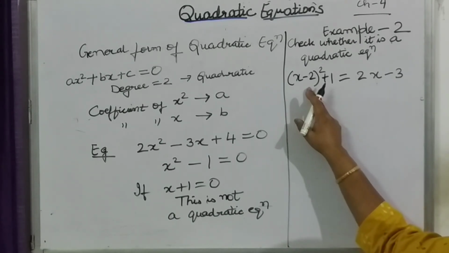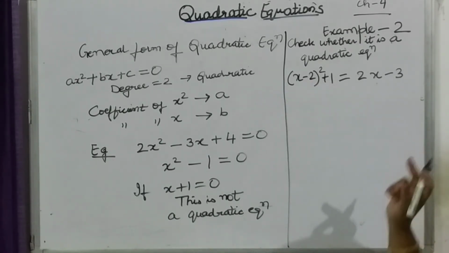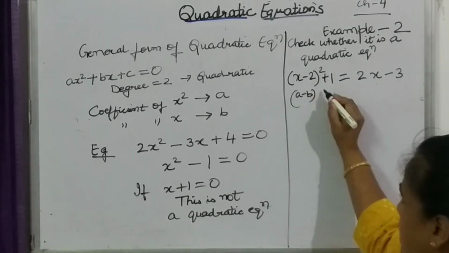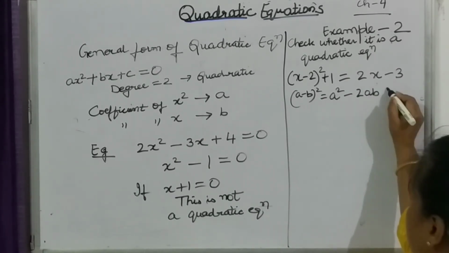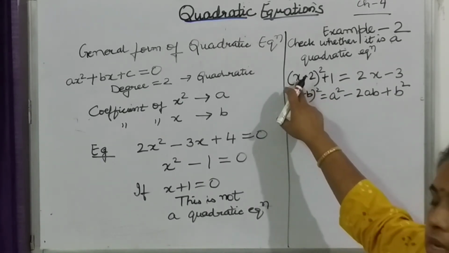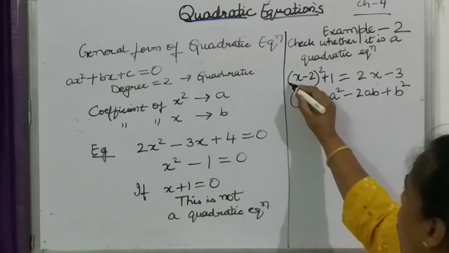We have done algebraic identities. This is a minus b whole square. You remember what a minus b whole square was? Just in case you don't remember, it was a square minus 2ab plus b square. So I'm going to use this identity here and open it.